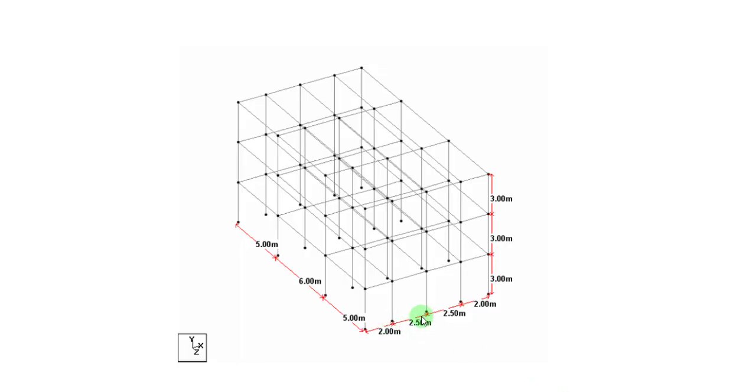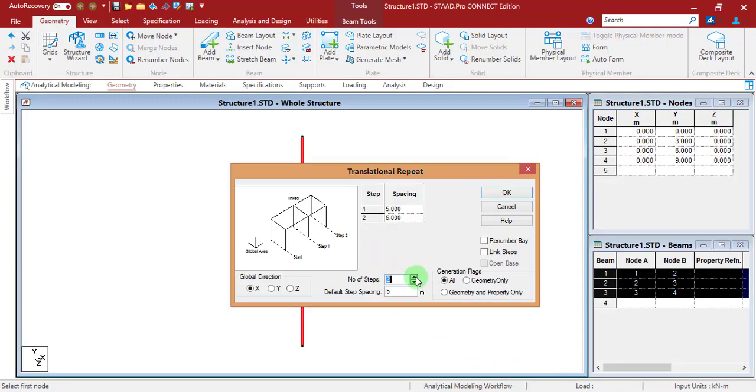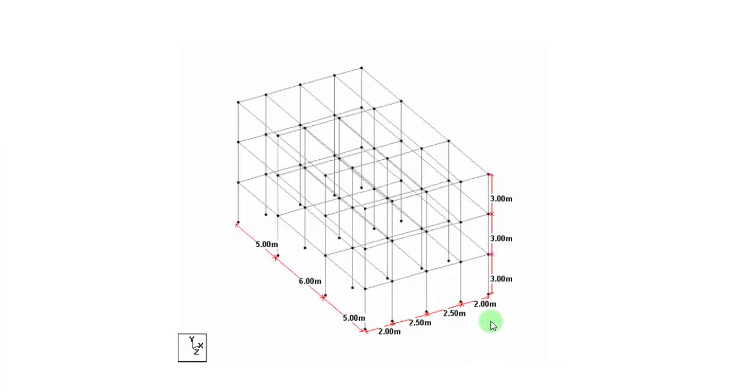I need to copy this 1, 2, 3, 4 times. So I'll do 4. Now what I can see is that the default spacing is changing. First time when it is copied, it has a distance of 2 meter. Second time the spacing is 2.5 meter. Third time 2.5 meter, and lastly it is 2 meters.